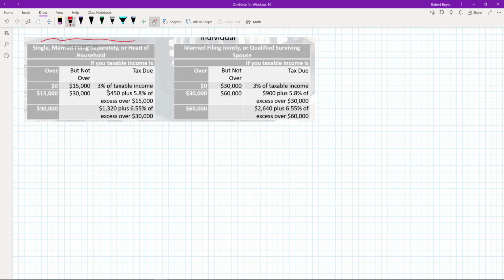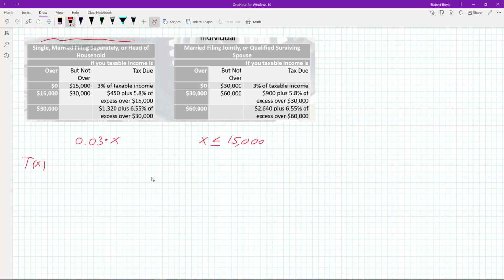To find the decimal, you would divide by 100, and you would have that your tax is going to be equal to 0.03 times x, the amount of money you're making, if x is less than or equal to $15,000. We could put x strictly greater than 0, but we can't make negative money, so we're just going to assume that the bottom line is 0.